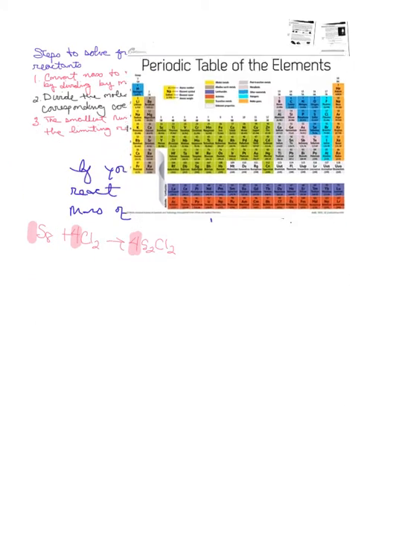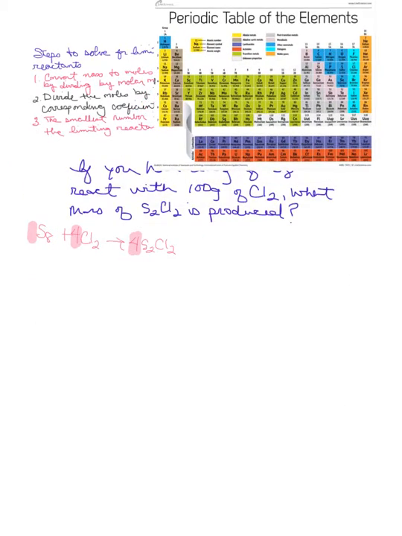So, let me move that out of the way. Our calculation, first we need to do the molar mass, 32.06 times 8, because I have 8 of them.